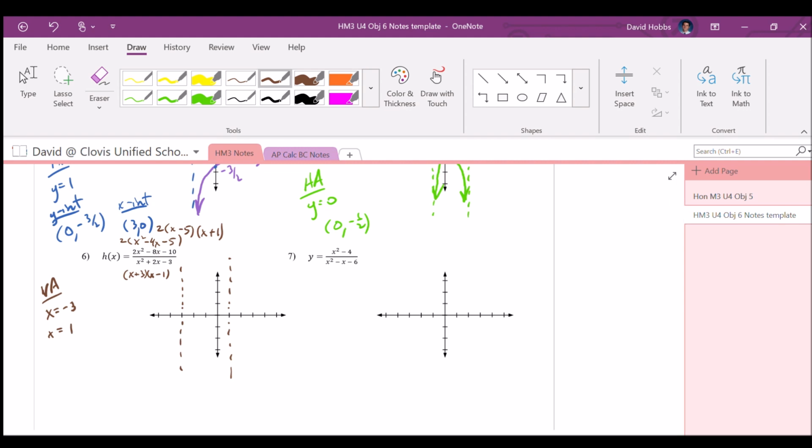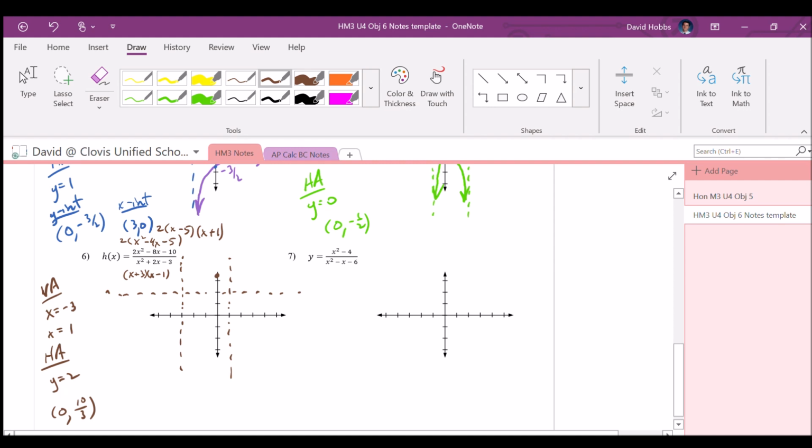Okay, so y equals 2 for the horizontal asymptote. Okay, and if I tried plugging in 0 for the x's, I'd be left with negative 10 over negative 3, which is positive 10/3, 3 1/3. So up about right there.